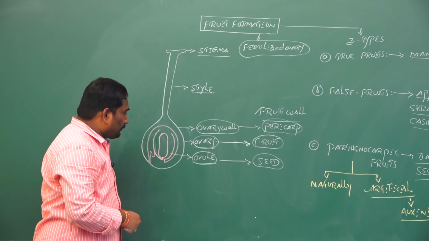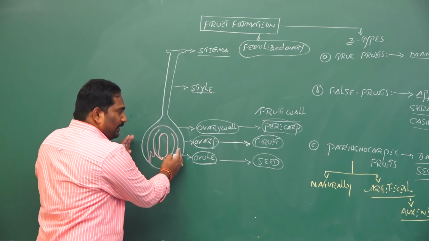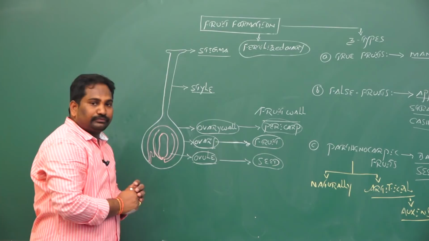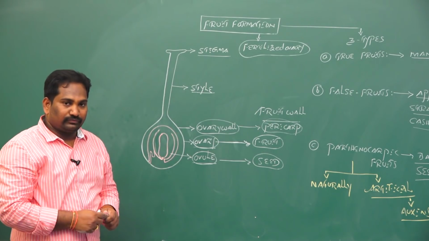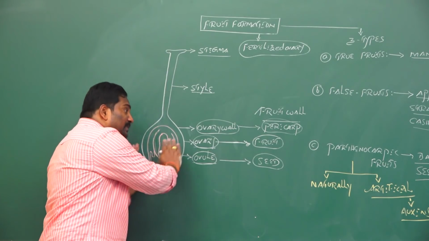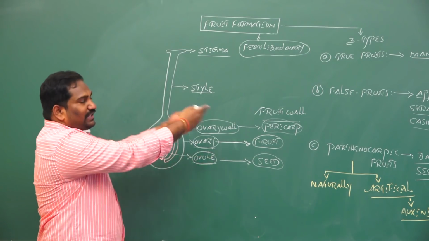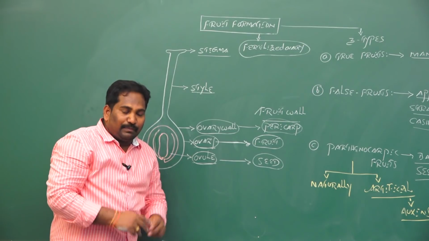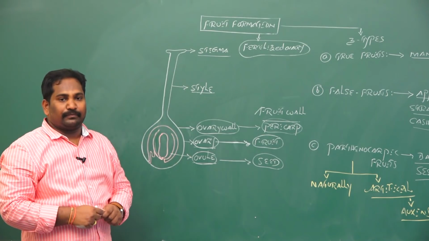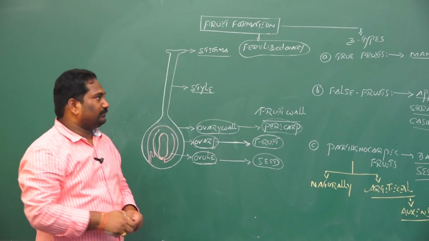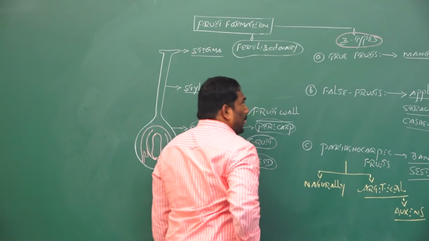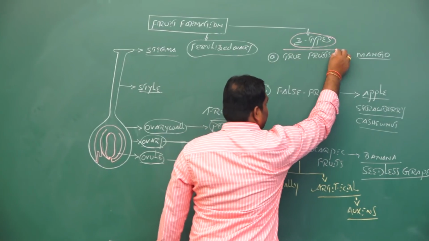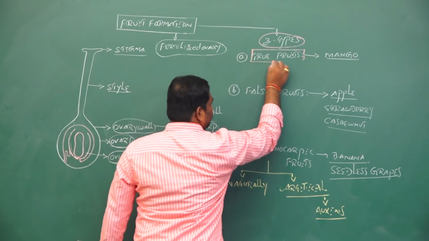Now the question is, can the ovary develop into a fruit with fertilization or without fertilization? Can only the ovary develop into a fruit, or can other parts of the flower also develop into fruit? Because of this characteristic feature, fruits are of three types. The first type of fruit is true fruits.